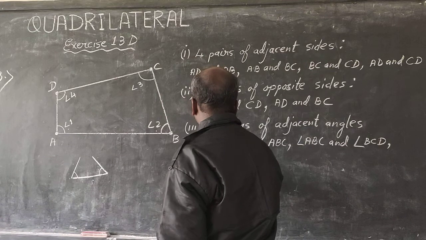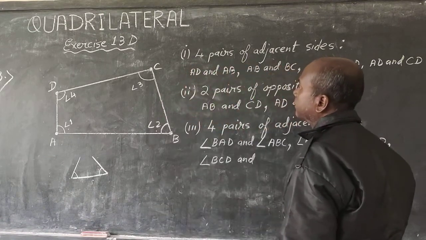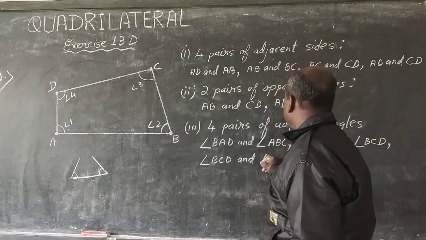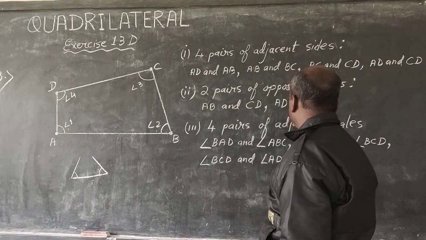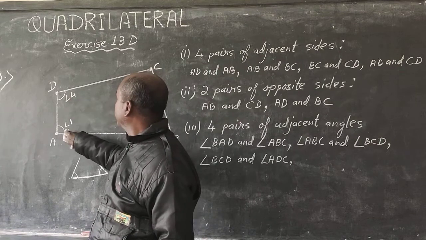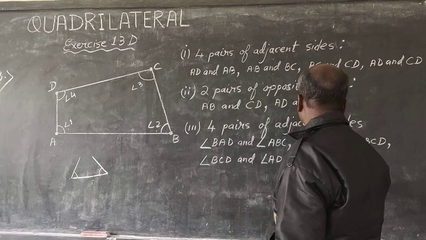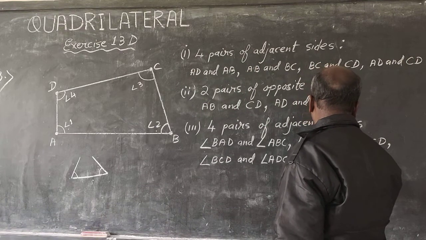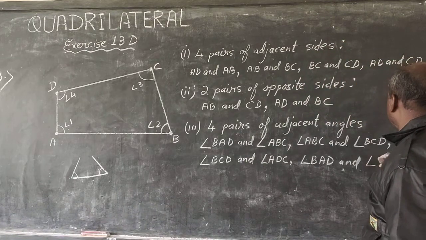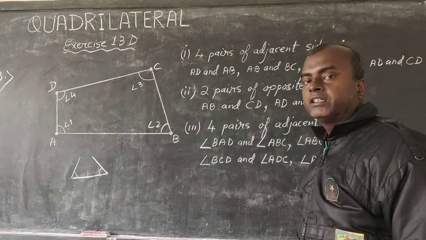And what is the full name of angle 4? So these are the four pairs of adjacent angles.